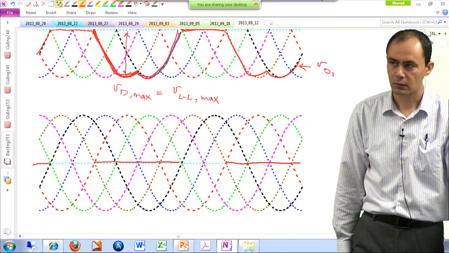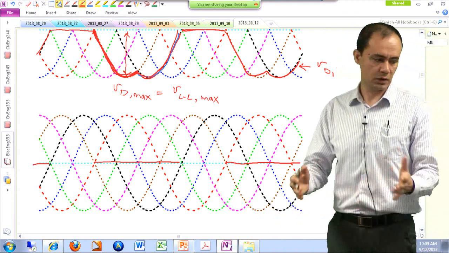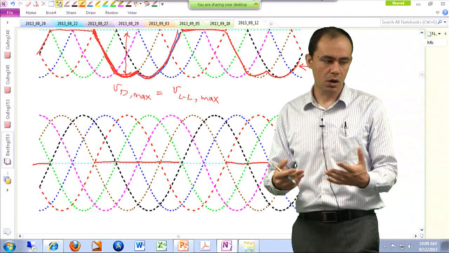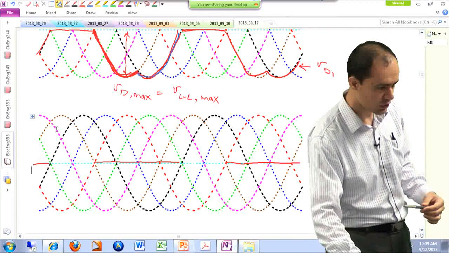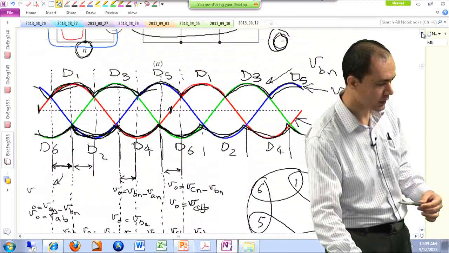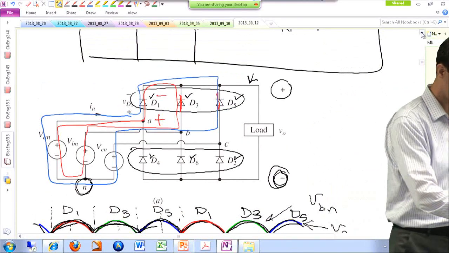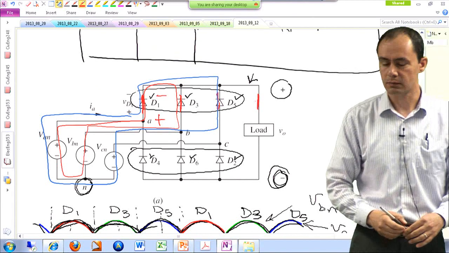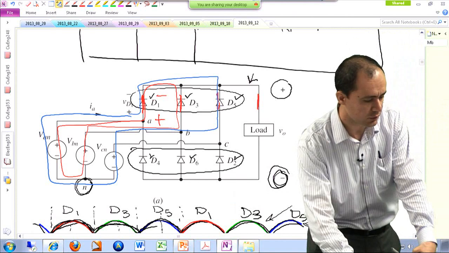All right. Beyond that, D1, for instance, plotting ID1. Beyond that, the diode is on, and as it turns out, looking at the schematic, whenever D1 is on, the diode current and the load current are the same. So all I have to do is just follow the waveform of the load current.